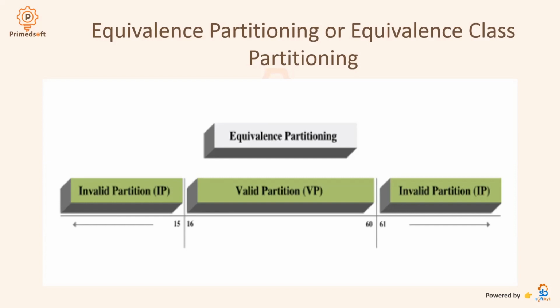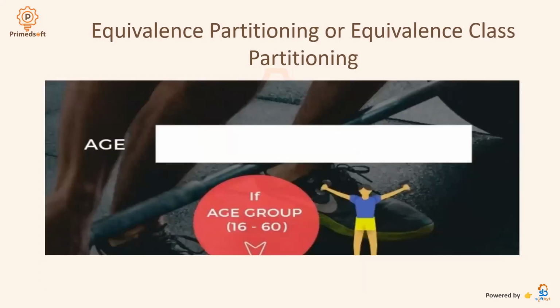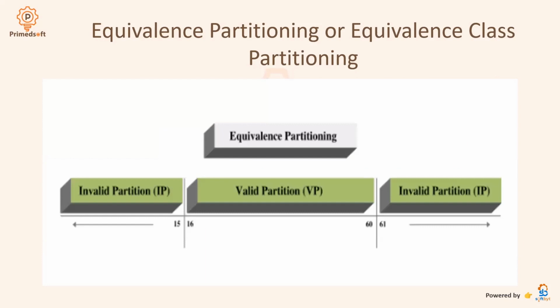So if I decide to use 15 to execute my test, if I enter 15 on this website, I won't be able to log in. If I enter 14 on the same website, it won't accept it. If I enter 12, it won't accept it.